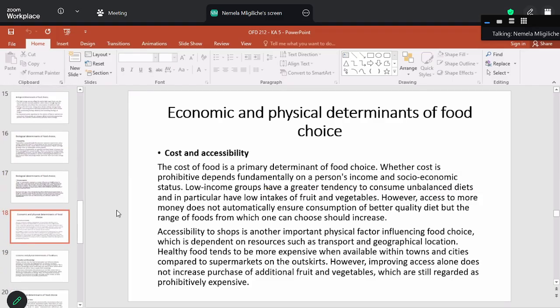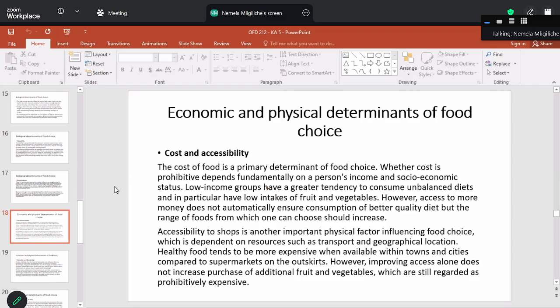Now let's go to economic and physical determinants of food choice. When you talk about economic and physical determinants of food choice, we will look at cost and accessibility. Normally, cost is the primary determinant of food choice. Depending on a person's income, how much money you have, you determine what type of food you're going to eat or purchase.